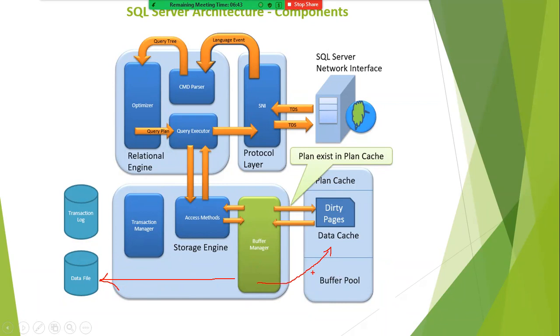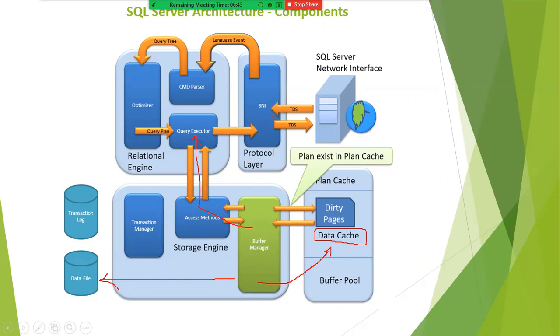Once the pages are available in the data cache, the results will be retrieved. For example, let's say you have 19,000 records. Those records will be retrieved and sent to the access method, and from the access method it will be sent back to the query executor.